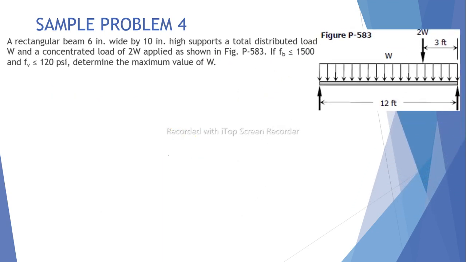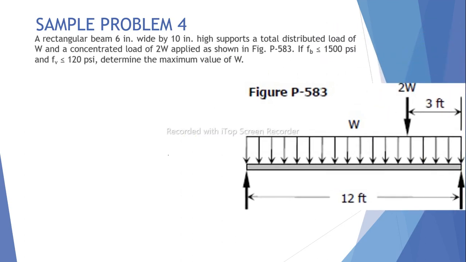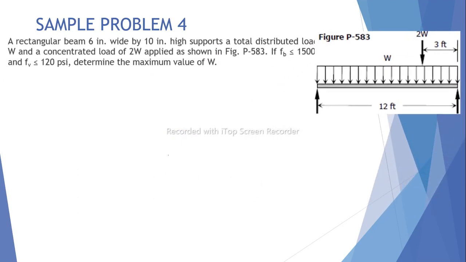Next, we draw the shear and moment diagram. From our previous step, we have this result: reaction 1 is W and reaction 2 is 2W.